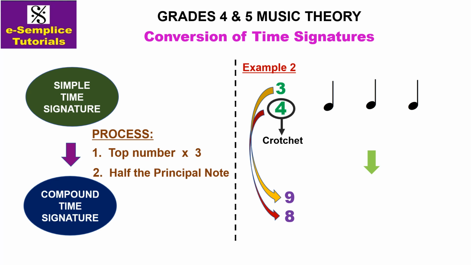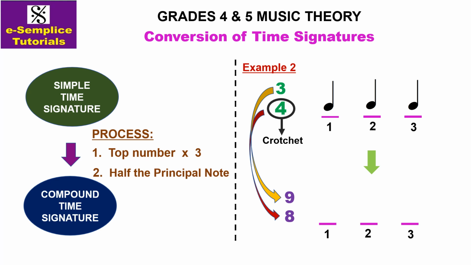So the time signature changes from 3/4 to 9/8. But the good thing here is that 3/4 is a simple triple time with 3 main beats per bar, and 9/8 is a compound triple with 3 main beats per bar.